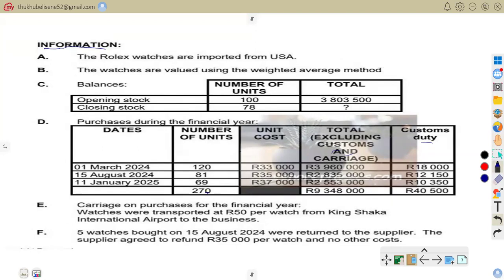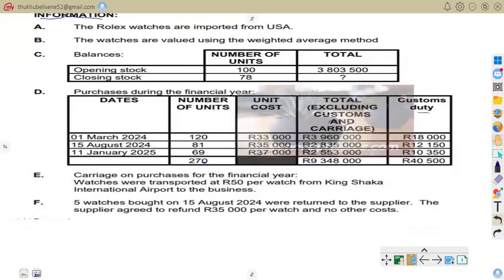So for us to calculate that, we are first going to start with the total amounts of custom duty plus the total amount excluding customs and carriage. So we are going to add this. 40,500, that is the total that we are given.